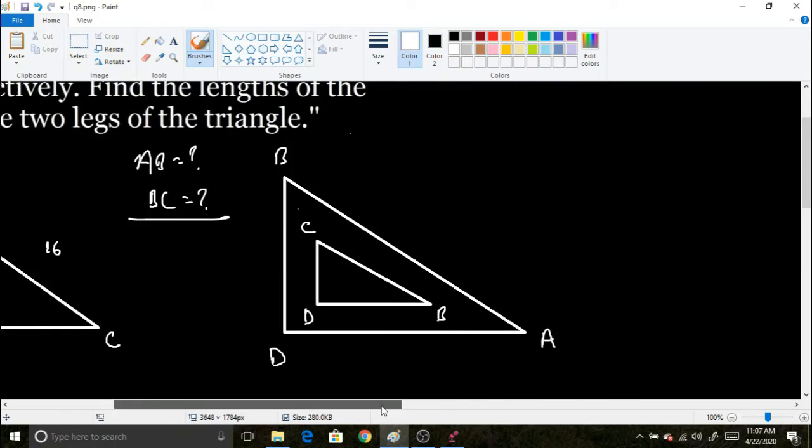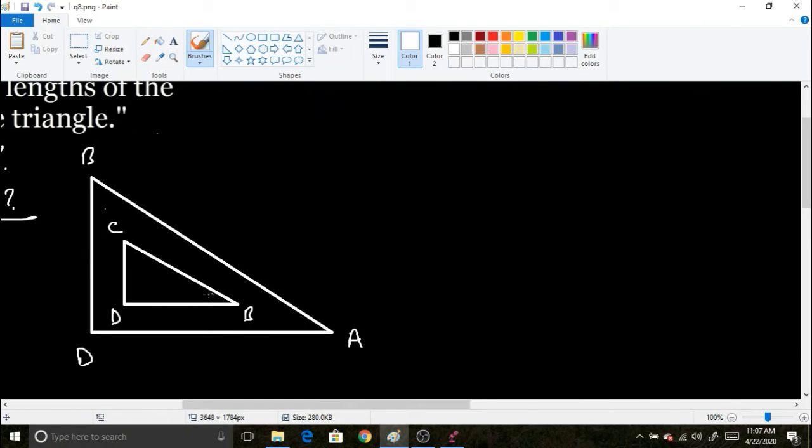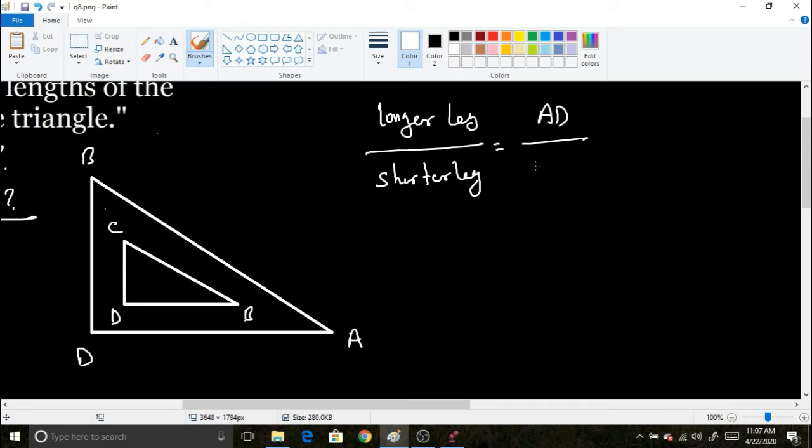Now we know that corresponding sides of similar triangles are always in equal ratio. It means that longer leg divided by shorter leg will be the same for both triangles. So the longer leg of the bigger triangle is AD, divided by the shorter leg BD, and it will be equal to the longer leg of the smaller triangle, which is BD, divided by CD.